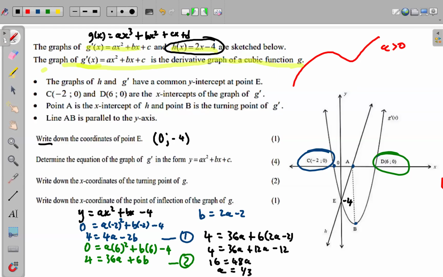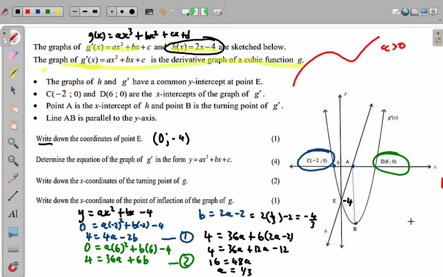So now I can find b. So b will be 2 times a third minus 2, which is 2 over 3 minus 2. That will be 2 minus 6 over 3. I guess that's minus 4 over 3. Am I right there? You can double check that for me as well. So those will be then the values of a and b.